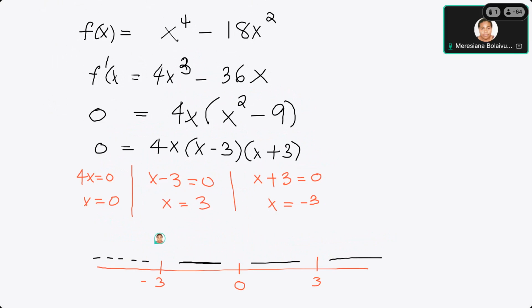Now choose a number between negative 3 and 0 and substitute that into the derivative. Okay, f dash of negative 2. Put negative 2 into the derivative. Do you get a positive or negative answer?